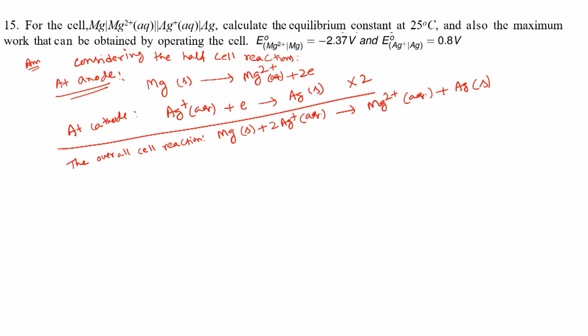Now E naught values are given, so we can calculate E naught cell. So E naught cell will be E naught cathode minus E naught anode. So E naught cathode is 0.8 volt, and E naught anode is minus 2.37. So minus of minus 2.37. So if you calculate, you get 3.17 volt. So this is the value of E naught we got.